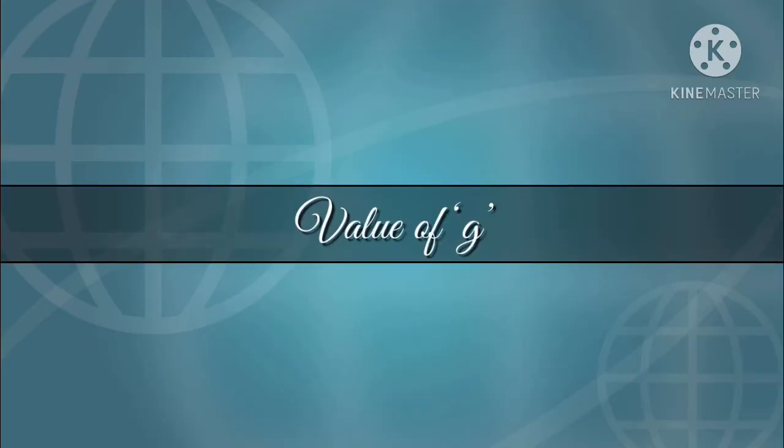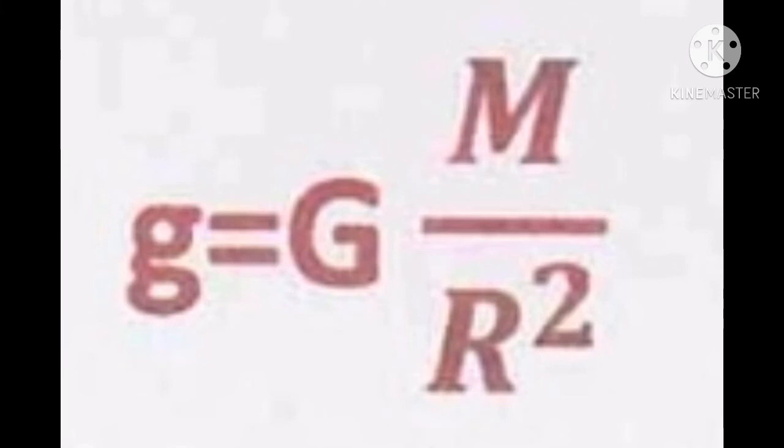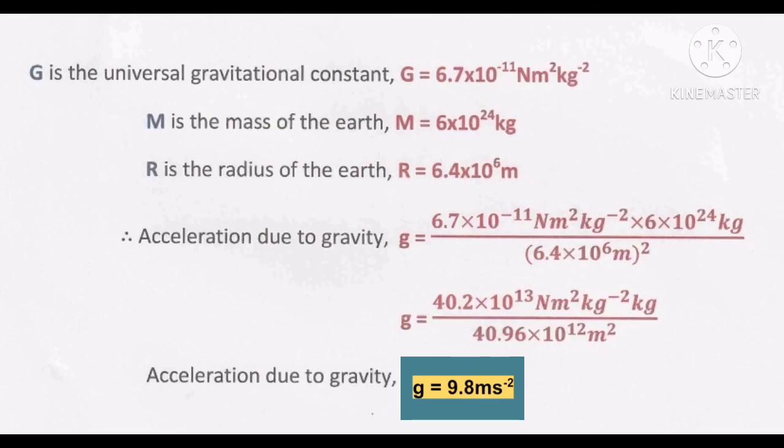Now we will calculate the value of g. To calculate the value of g, we will take the equation g equals G M by R square. Here let us substitute the values for G, M and R. Capital G is the universal gravitational constant, that is G equals 6.7 into 10 to the power of minus 11 Newton meter square per kg square.